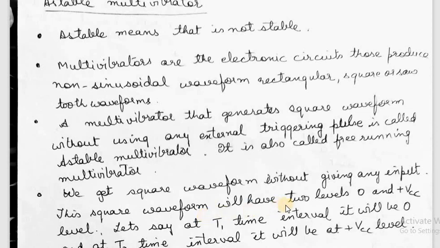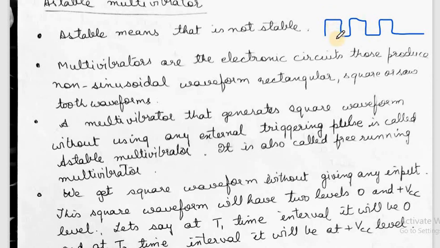This square waveform will have two levels. Because it is a square wave, if we draw it, you can see it looks something like this. So this is a square wave. In a square wave there are generally two states, one upper and one lower, or we can say it has two levels. If we term the lower level as 0, then the upper can be termed as something positive, plus VCC.